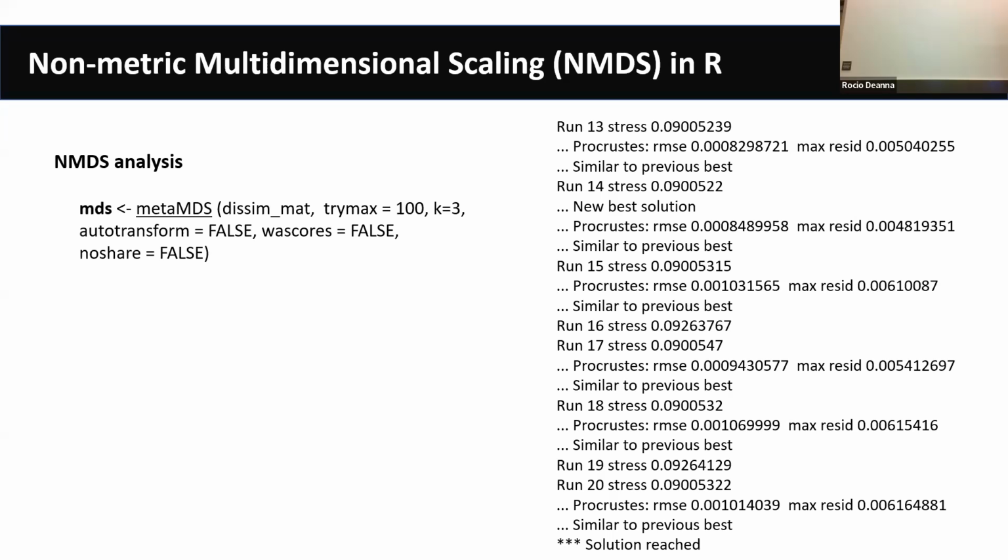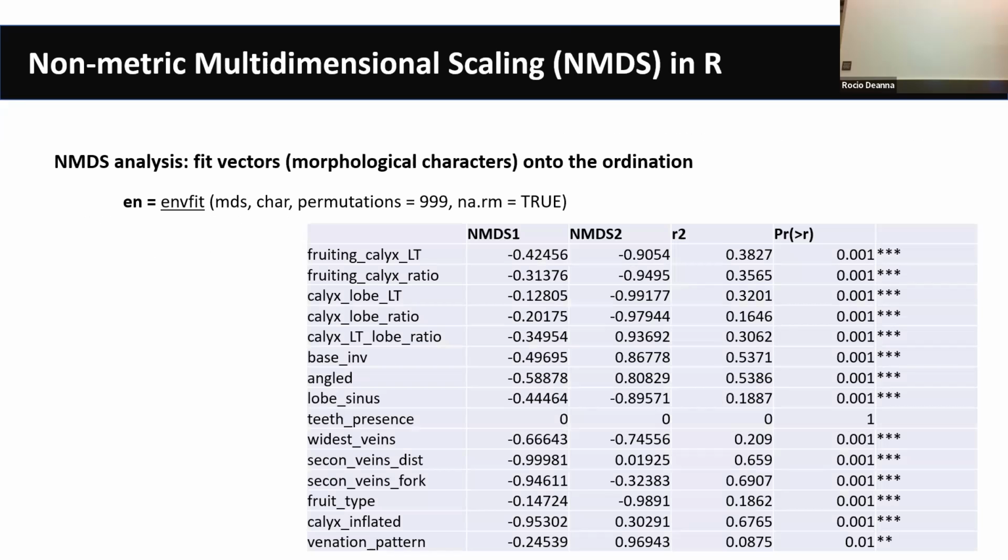Then we're going to run the non-metric multidimensional scaling, and you will see in each run the stress value for that run. And we're going to establish also the number of replicates that we want. And then we're going to feed the vectors, the morphological characters, onto the ordination.